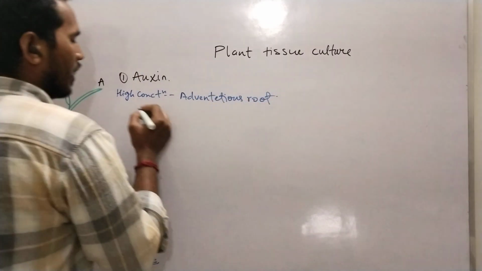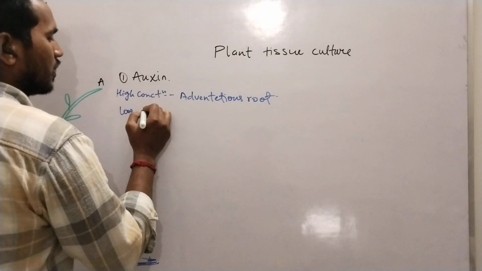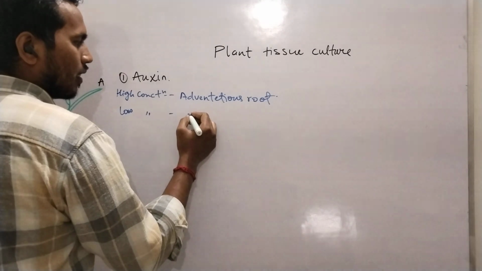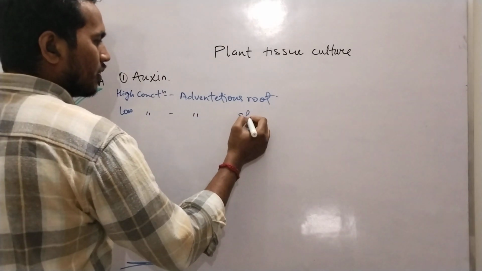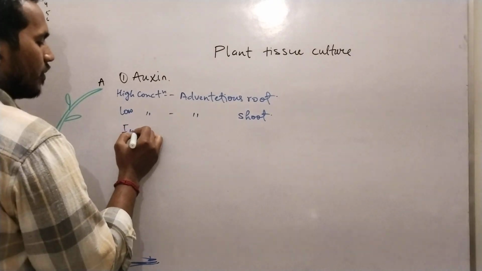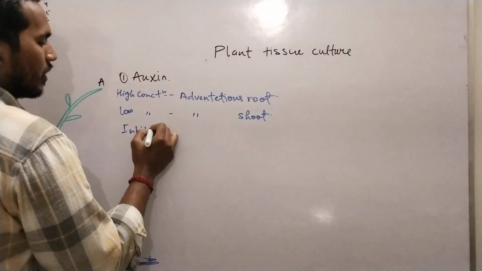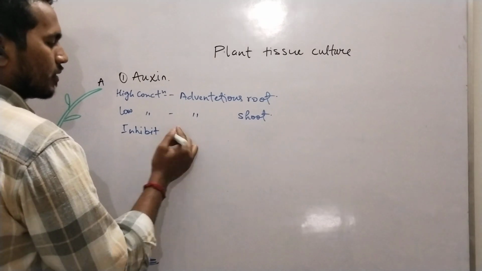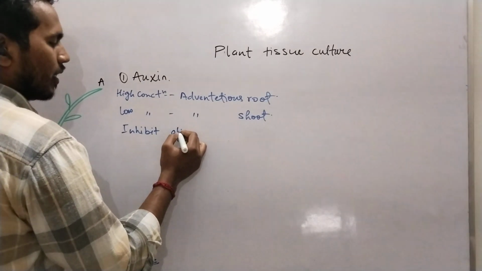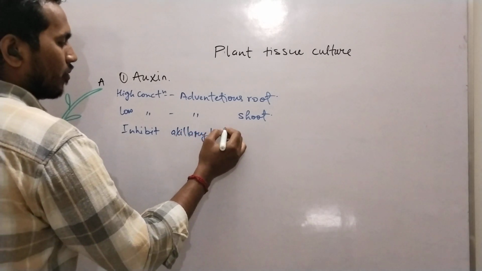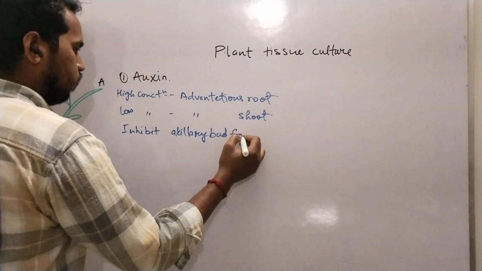At low concentration, adventitious shoots will form. And it will inhibit axillary bud formation.